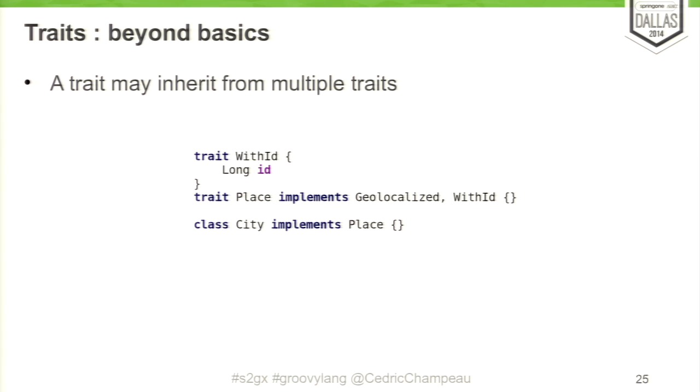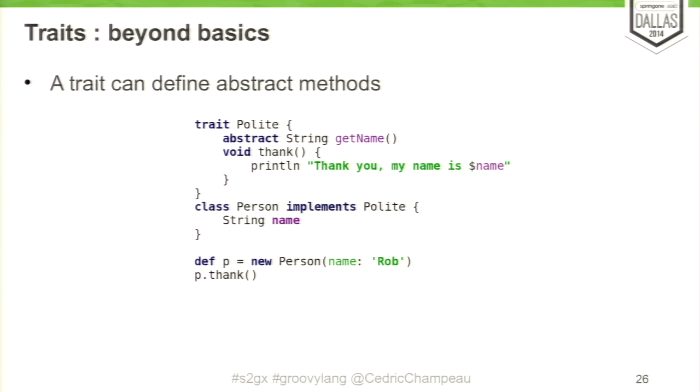So for your question, you can have traits defining abstract methods. Traits are like interfaces, but with code. So why not define abstract methods? If it belongs to the contract, why not? So you can do that.